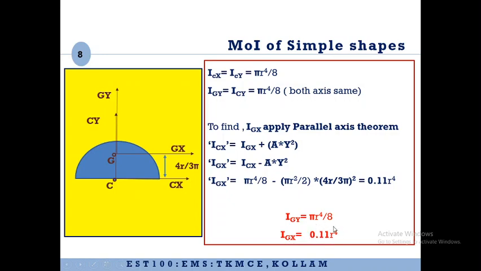Moment of inertia of a semicircle about its centroidal x-axis is 0.11 r raised to 4. You don't have to learn by heart this value, because if you already draw this figure, you will understand that the axes gy and cy are the same, and therefore you already know the value for cy and therefore gy can be found out. However, the moment of inertia about the gx axis has to be remembered. That is 0.11 r raised to 4.